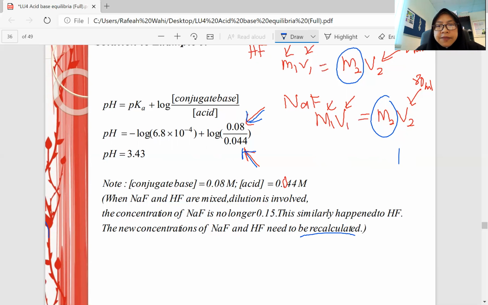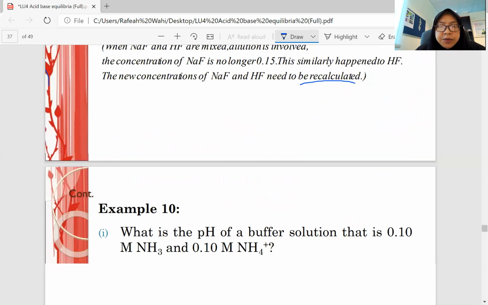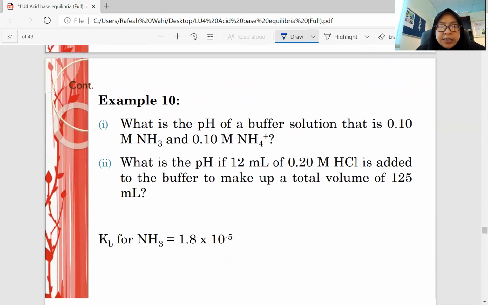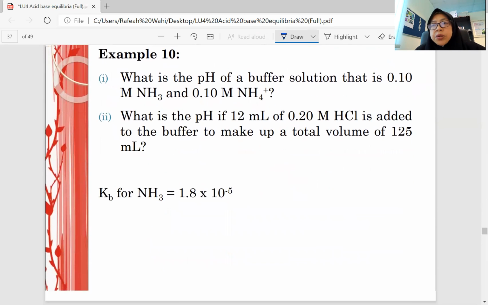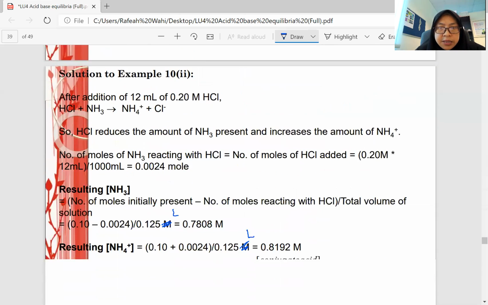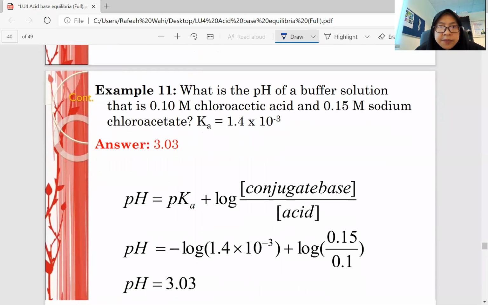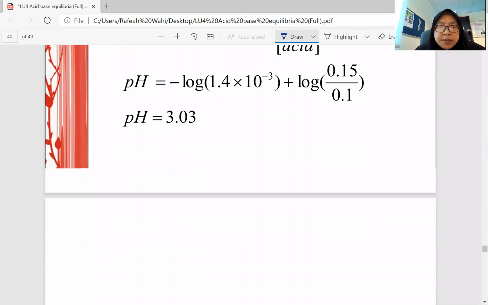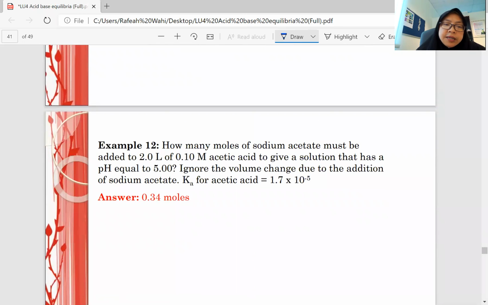However, if there is a question which is asking you to ignore any volume change, for example, in example 12 here, it is asking you to ignore the volume change due to the addition of the conjugate base.